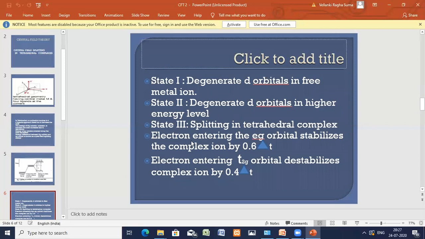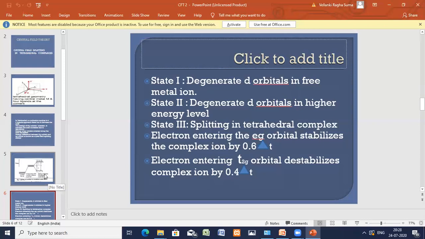Electron that enters in the EG set gets stabilized by 0.6 delta T. This is delta T, that is the energy difference between T2G set and EG set. Delta indicates the energy difference, T indicates the tetrahedral complex. So electron that is entering the EG set of the orbital stabilizes the complex ion by 0.6 delta T.